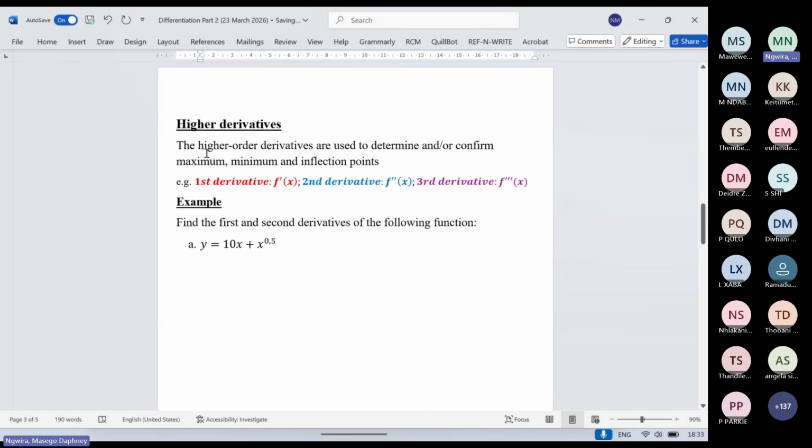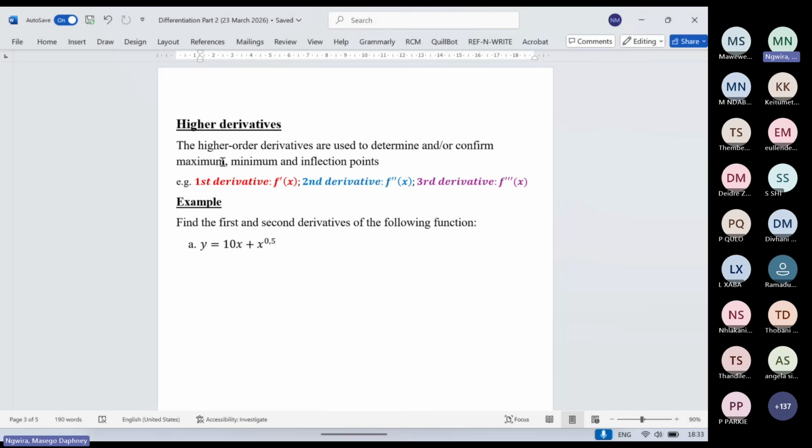They're saying the higher order derivatives are used to determine and or confirm maximum, minimum, and inflection points. You'll understand this statement as I move on. When we talk about the higher derivatives, you are differentiating the first time, the second time, and the third time for you to be able to get the maximum, the minimum, and point of inflection.